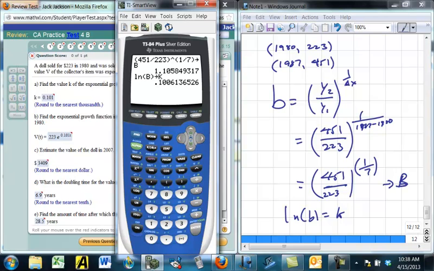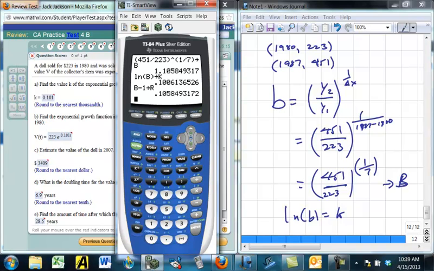Notice r, if we did r, it would be 1.1058, etc. But k is... r is b minus 1. So let me show you that. So b minus 1, let's store that as r.